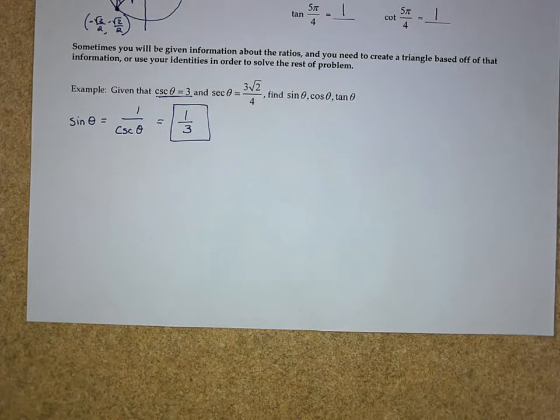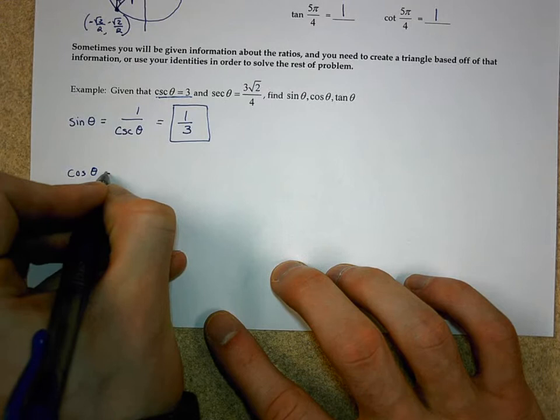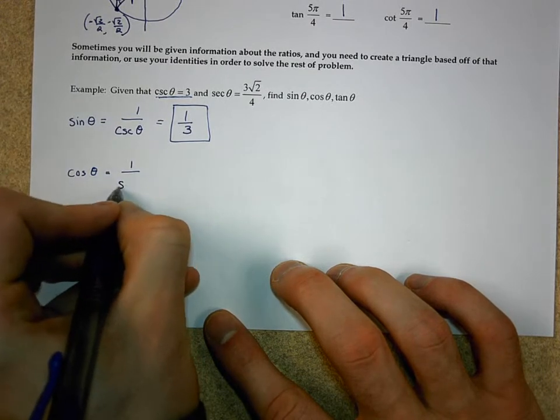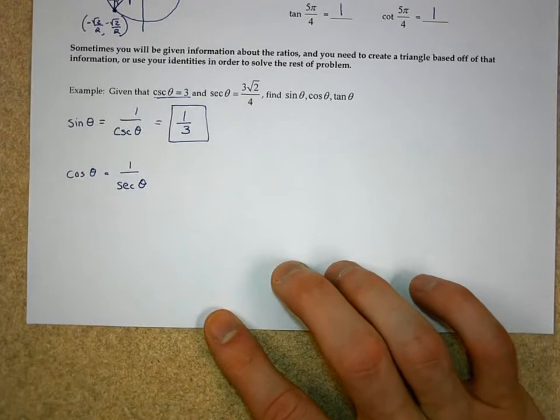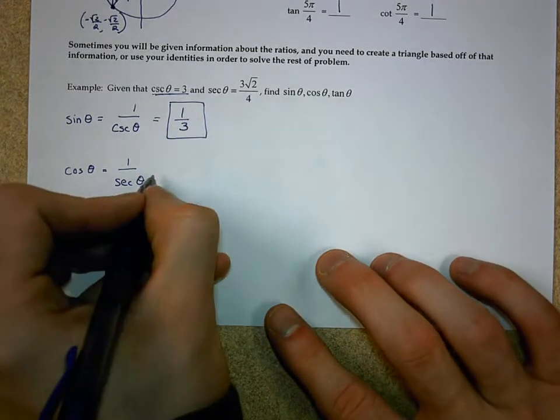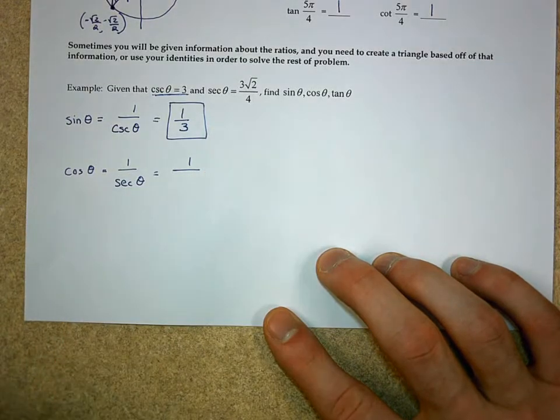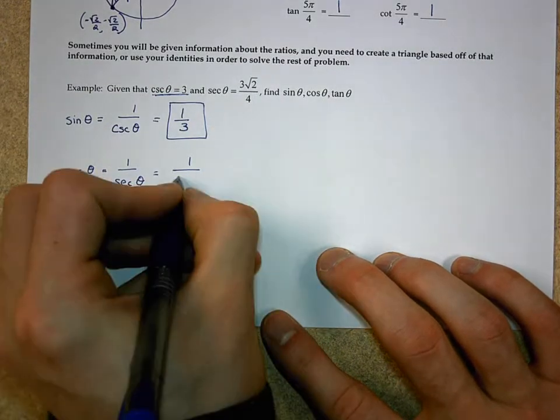Use the same thought process for cosine. The cosine of theta we know is 1 over the secant if you look at that identity chart. And secant of theta we're given right here: 3 times the square root of 2 divided by 4.